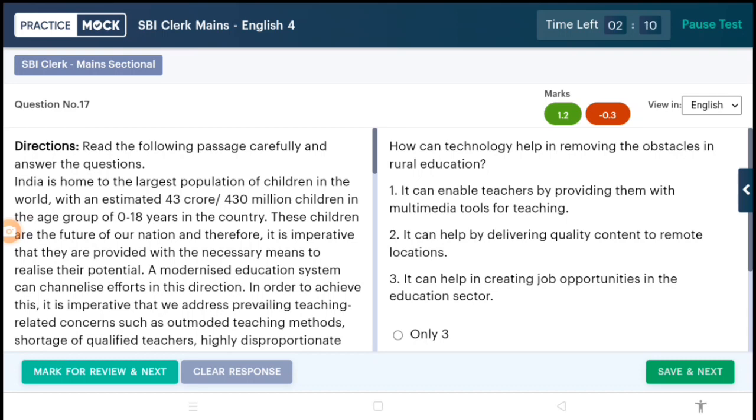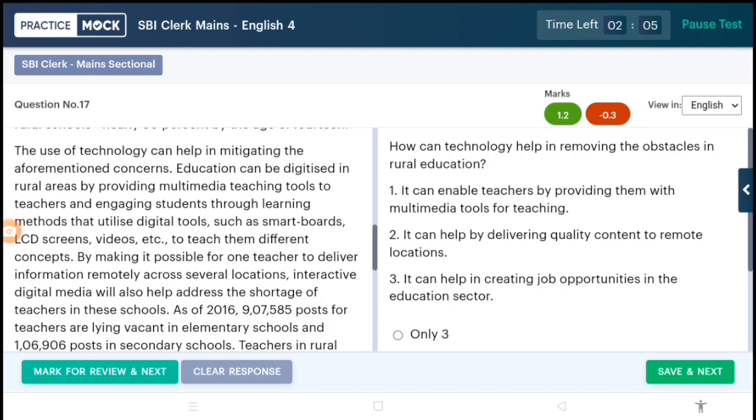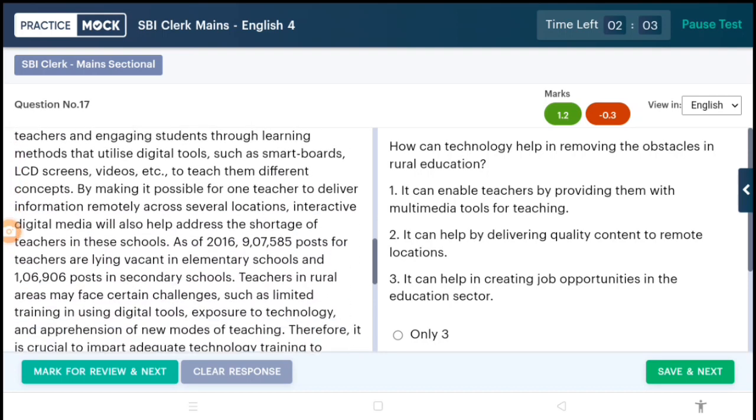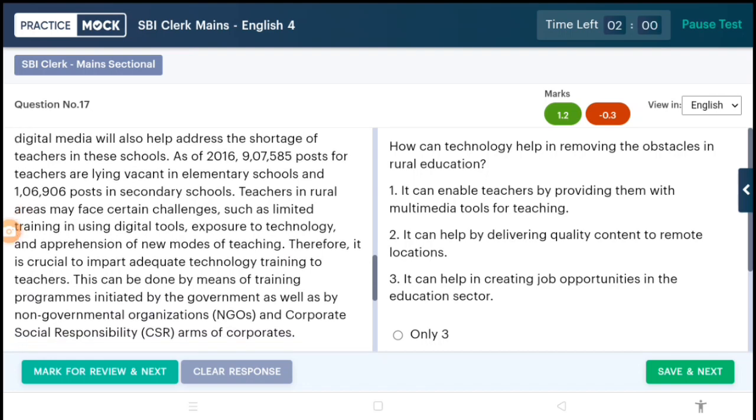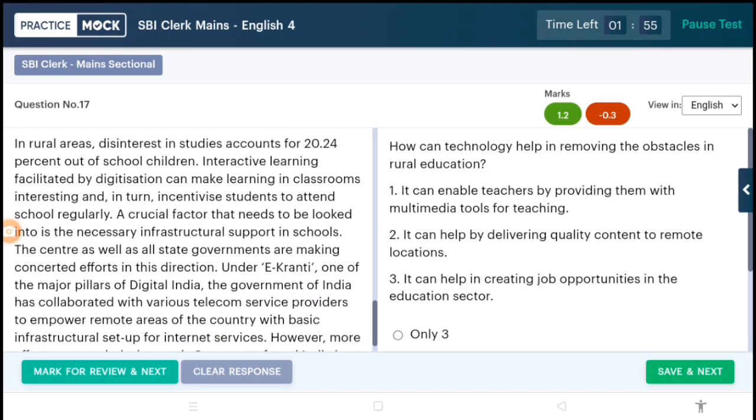How can technology help in removing obstacles in rural education? In rural education, it can enable teachers by providing them with content. It can help in creating job opportunities and in the education sector.